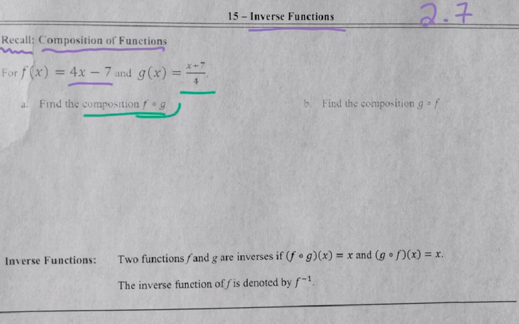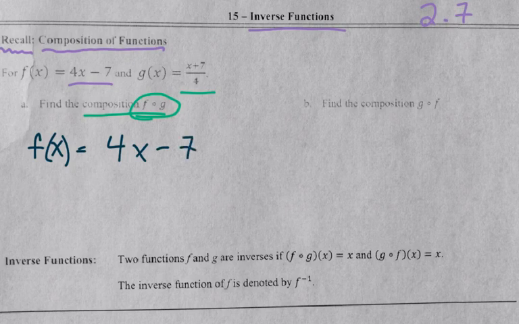We're going to compose both of those functions. We're first going to do f of g of x, which means we're going to take our function f of x, so that's f of x equals 4x minus 7, and we are going to replace the x with our g of x, because we're doing f of g of x.